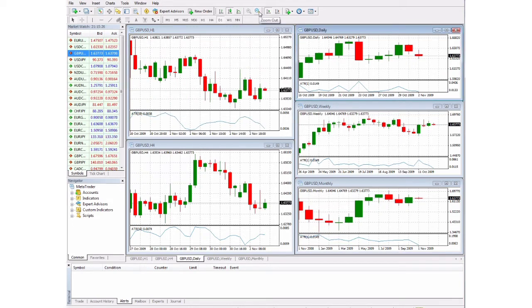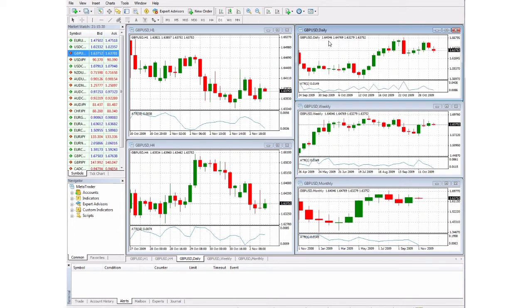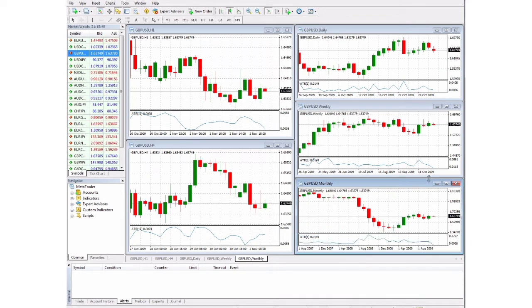That's what we're looking for, rather than simply waiting for one particular currency pair to do all the things we'd like to see it do. We multiply our opportunities by multiplying the number of trades that we get involved in different markets.